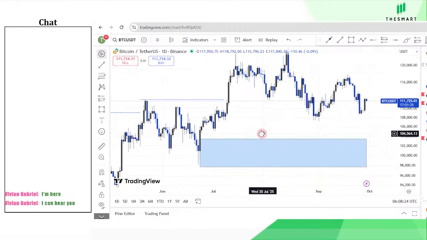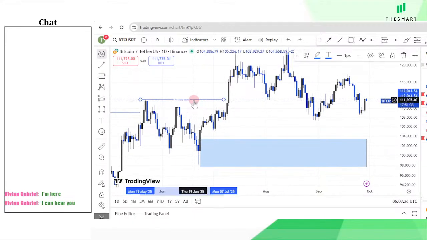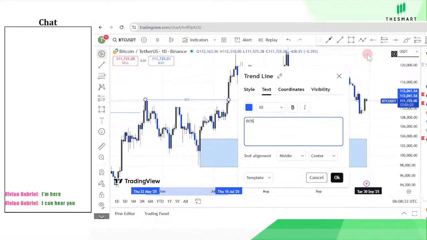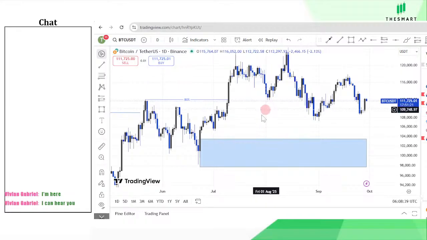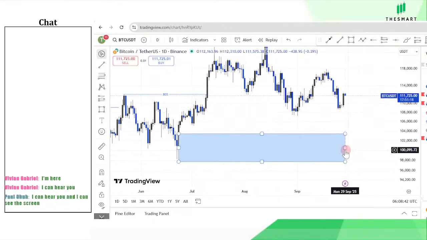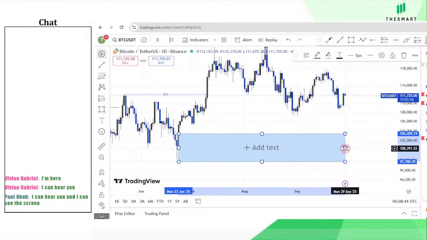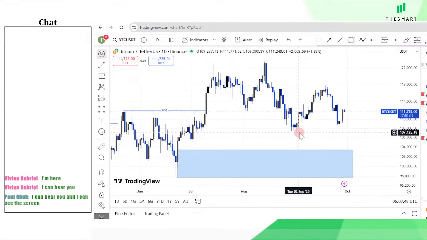This is the order block on the daily. We have our break of structure at this point on the daily. So this is what we have on the daily. This is the order block. This is the other block.